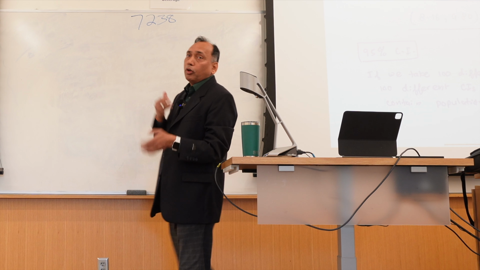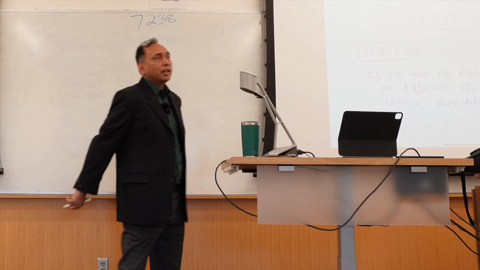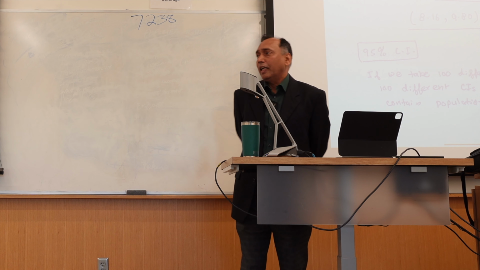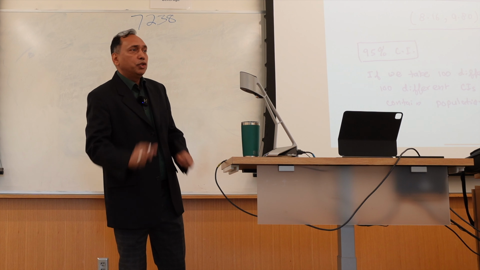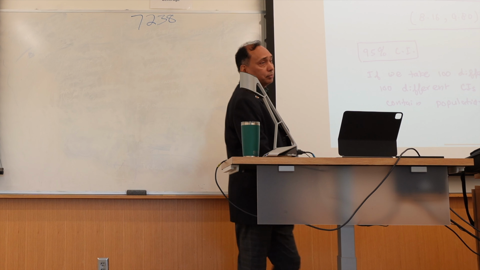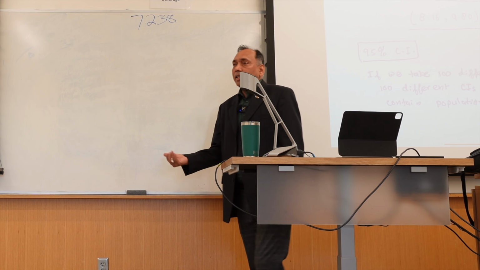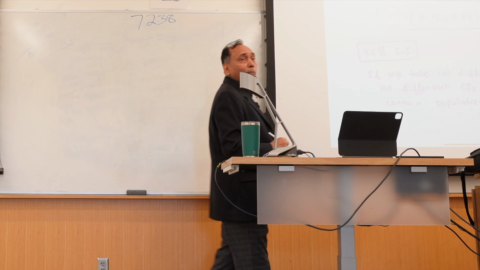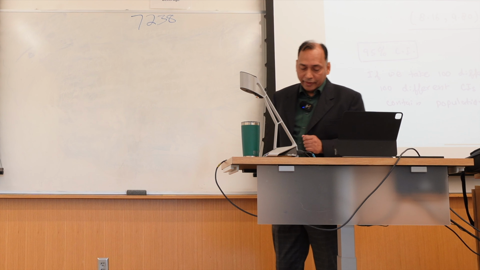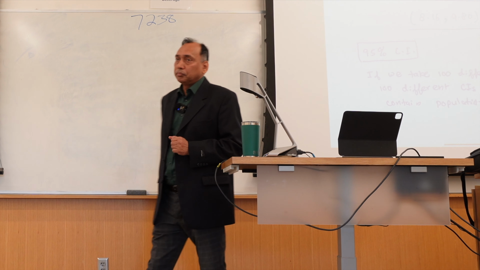So if this process is repeated 100 times, 95% of the time we may be able to catch the actual value within the range of confidence intervals. So it means that. It doesn't mean that 95% in the population sleep between 8.16 and 9.8.